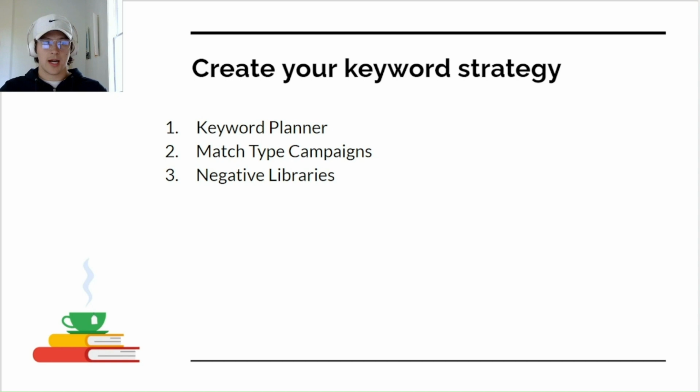Negative keyword libraries help give your campaigns guardrails, right? So if you are running a broad or a phrase match campaign, and say you're a law firm, you don't ever want to rank for bankruptcy, for corporate law, or for general law firm terms.